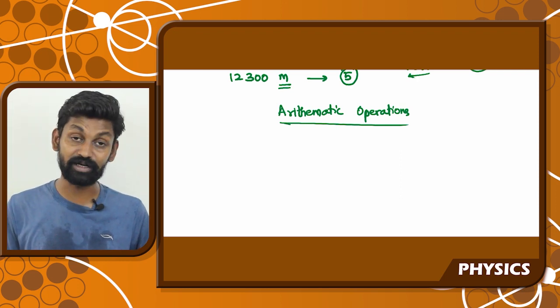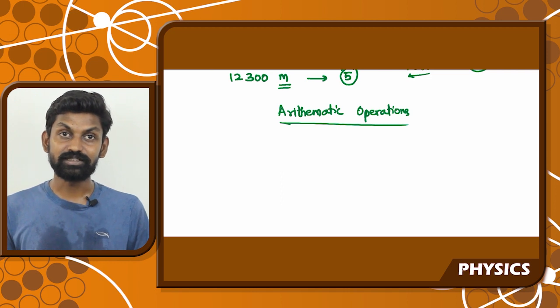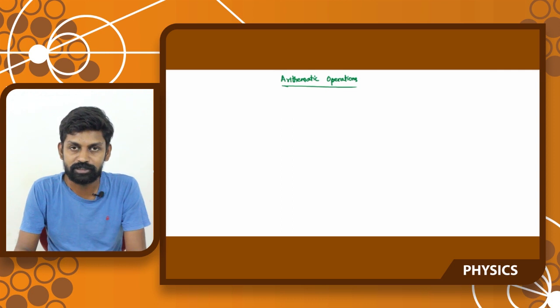So this is the statement I would like to bring when we are discussing significant figures. The following are the arithmetic operations that we perform using significant figures. During the introduction, I have already told you that no chain is stronger than its weakest link. Likewise, no calculation can be more accurate than the least accurate value that is participating in the calculation.